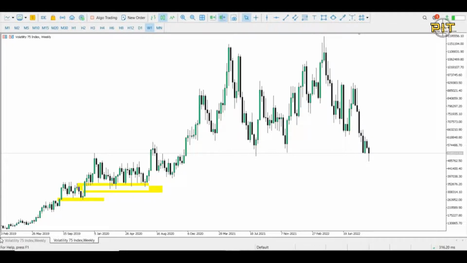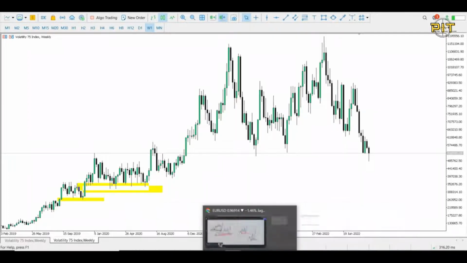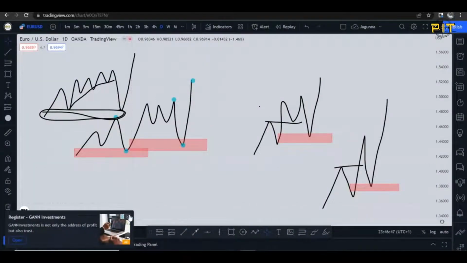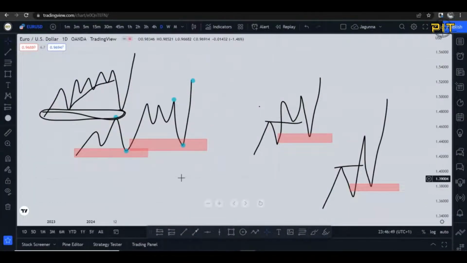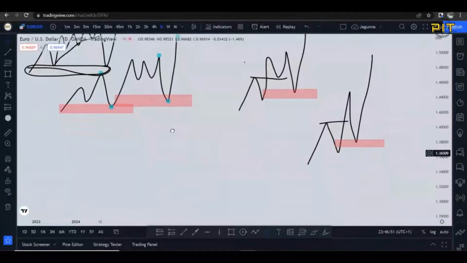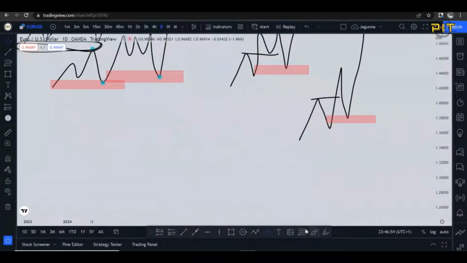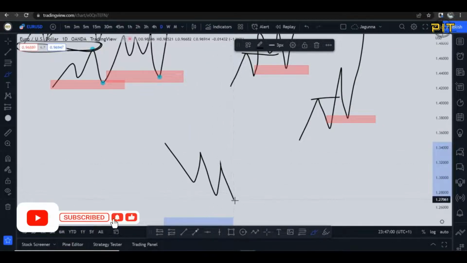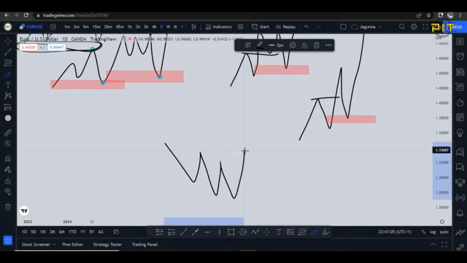A breaker block is a block that grabs liquidity. Let's look at what I mean by a breaker block. Let's say you have your price coming to the downside like this. Price then comes, raids that lower low, returns, breaks that structure there, comes back and then pushes to the upside.